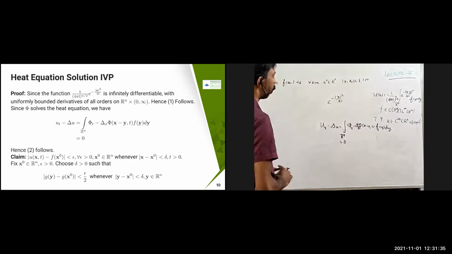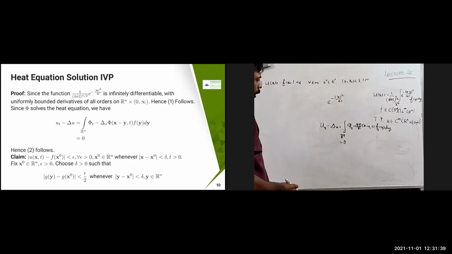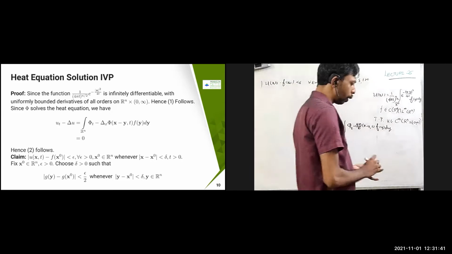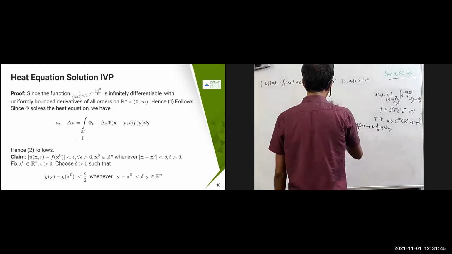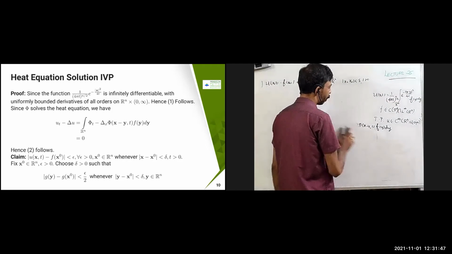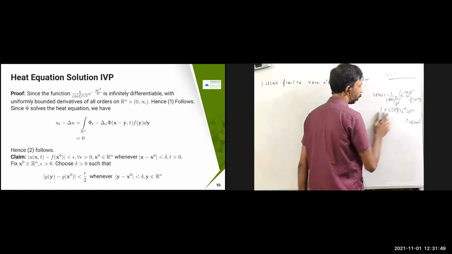This is the claim I got to prove. Then that proof is done. Once again we will be getting trouble because the x minus y term is there. So only those places maybe we'll get into trouble. So that part we got to take care. So we'll do that.